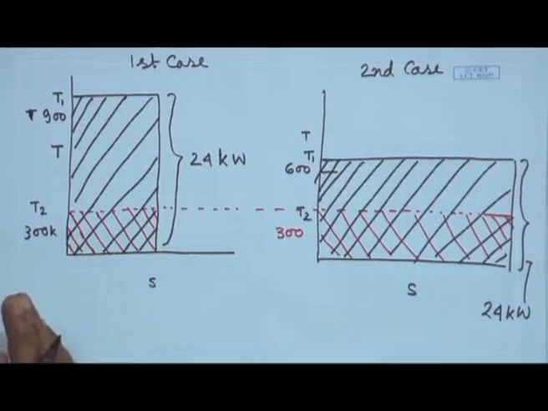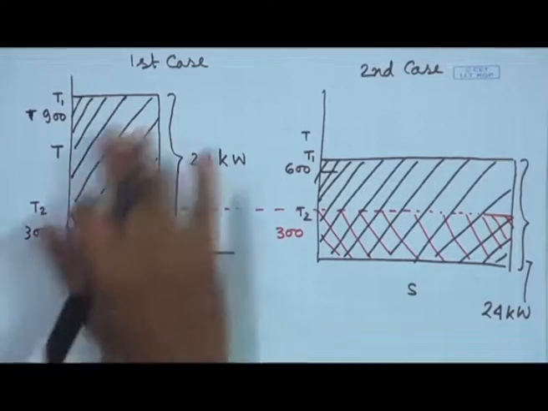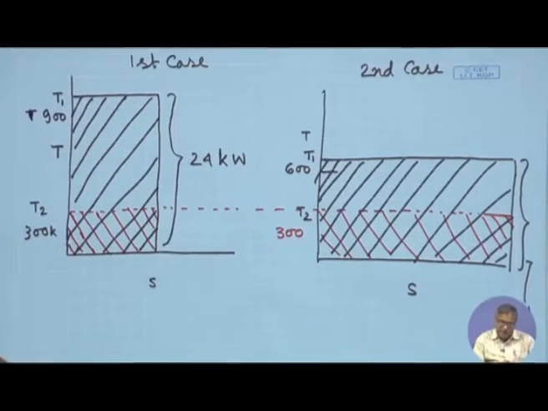With some sort of a figure number I had explained it, and now I am explaining it in the form of a graphical representation. What we can see is that the first source has a higher quality compared to the second source.